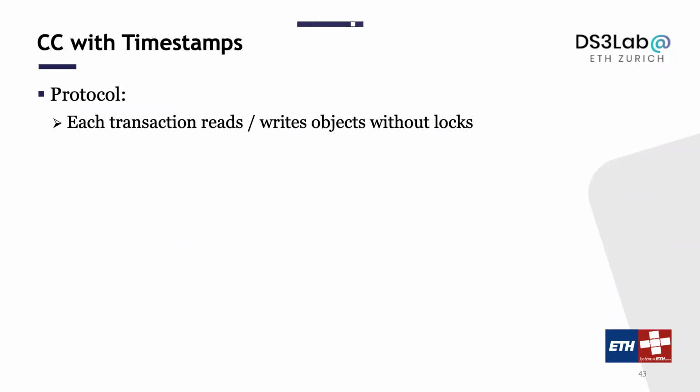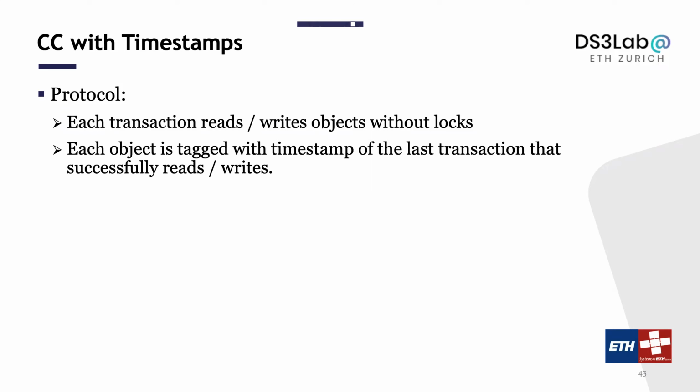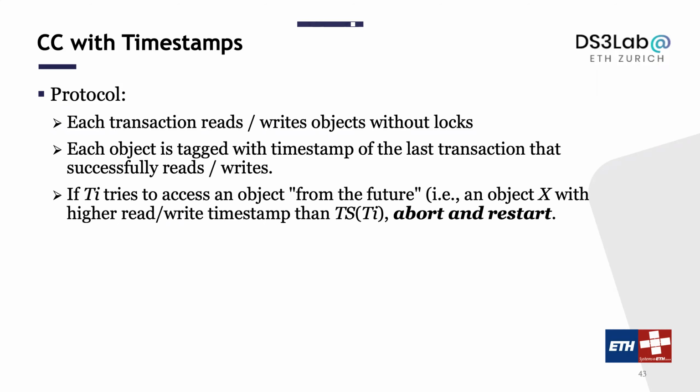Each transaction reads and writes objects without locks. I don't hold locks, I just keep reading and writing. Each object is tagged with the timestamp of the last transaction that successfully read and wrote it, so you update the read time and write time of that object.